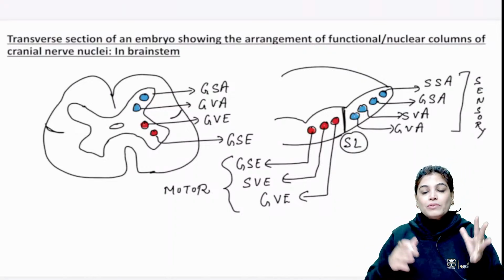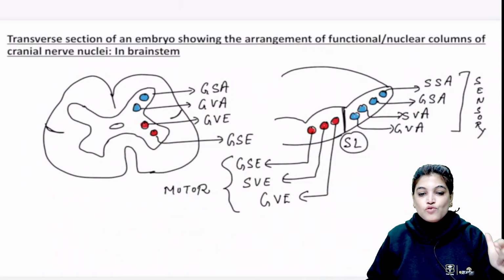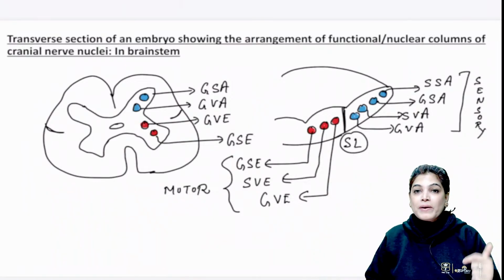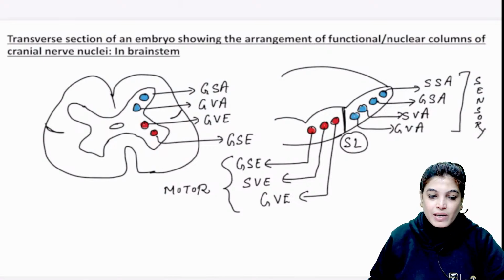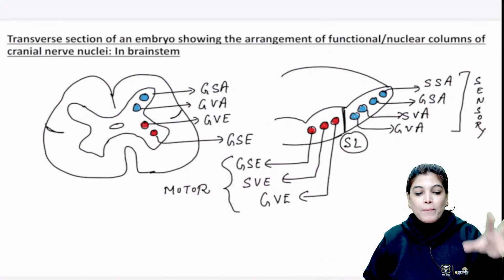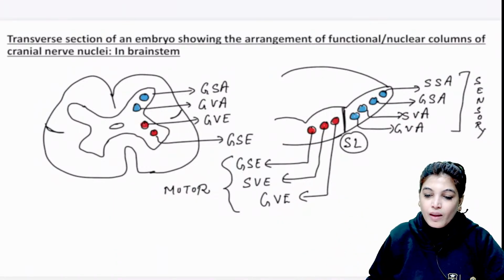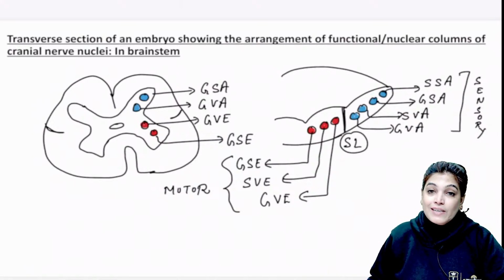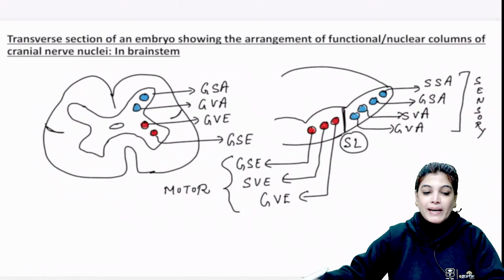Okay, so with further development, there were initially 4, and an extra special column appears in between the somatic and the visceral in both alar and basal lamina to supply the derivatives of pharyngeal arches. And an extra special column appears in the lateral most part of the alar lamina, which receives the sensation of hearing and balance, and this leads to the formation of special somatic afferent.